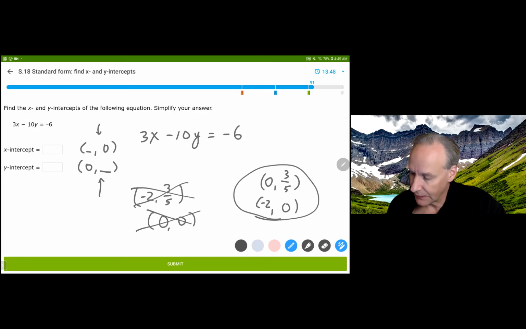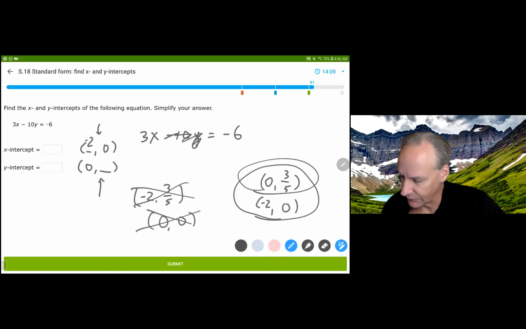So I am going to recommend that you substitute in your 0 to find your x, which is going to divide by 3 on both sides and give you your -2 for your x-intercept. And then you're going to cover up the y part, and you're going to divide by, how did I get 3/5? I don't know where the 3/5 came from. Sorry, guys. Oh, because it's a -10.